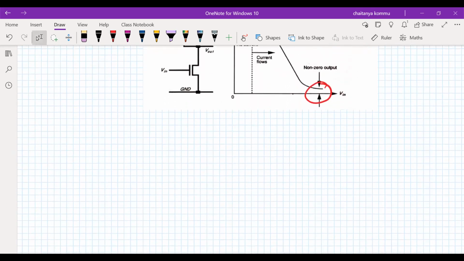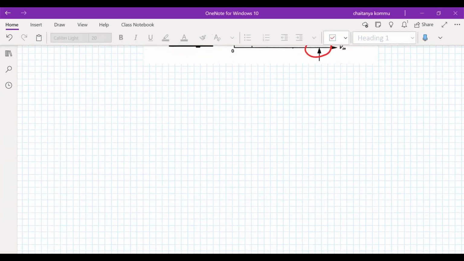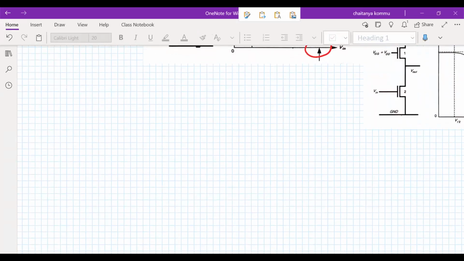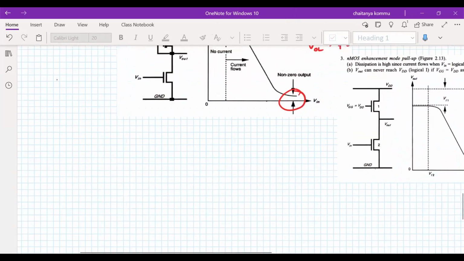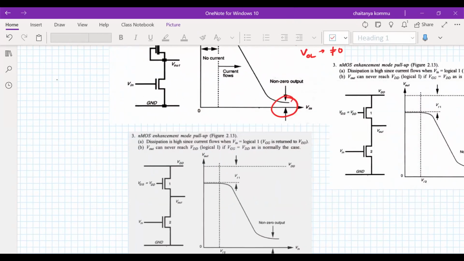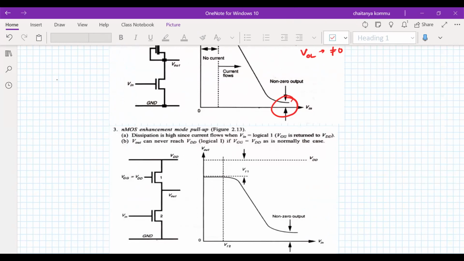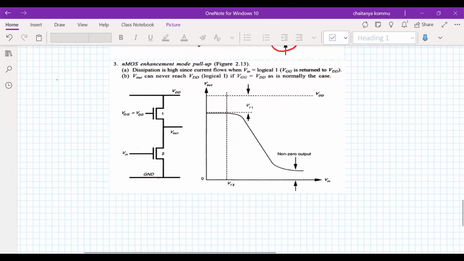Similarly, we have considered another one, the enhancement pull-up network. It's very difficult to maintain the logic low value as well as the logic high value.